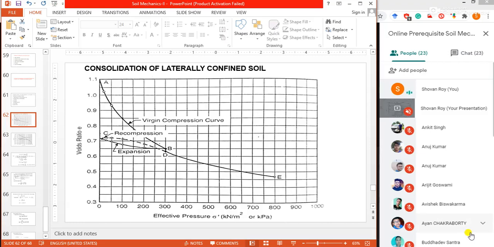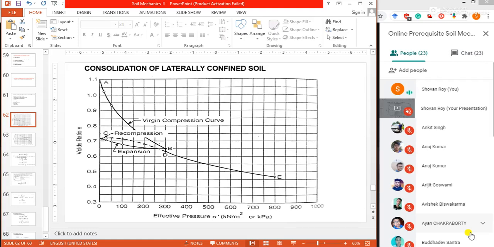So in our lab, the soil which we get from people for testing, from the construction site, they give us the soil sample. This is the disturbed sample. Always a disturbed sample we test, and this disturbed sample we make remolded.